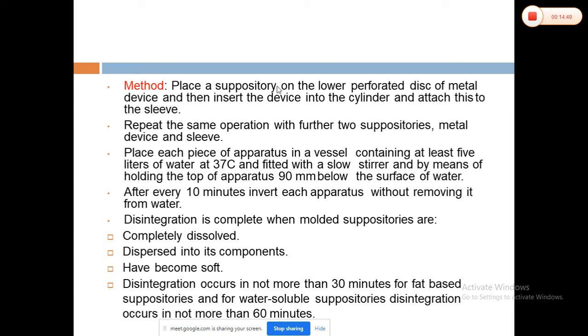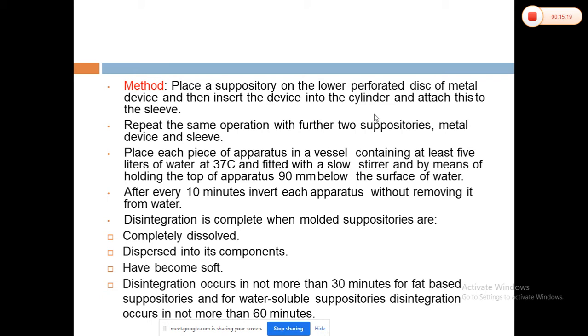Place the suppository on the lower perforated disc of the metal device, then insert the device into the cylinder and attach it to the sleeves where we are placing the suppositories. Then you have to repeat the same operation with two further suppositories. So basically, three suppositories are tested and all must disintegrate within 30 minutes.